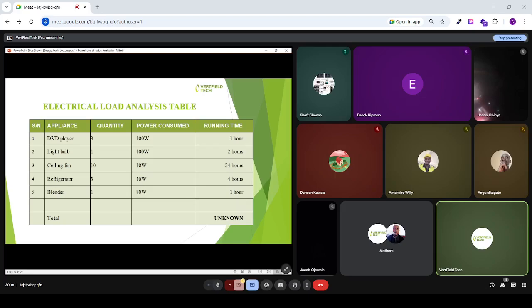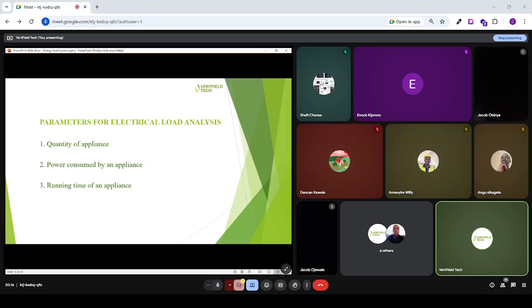And three, the running time of the appliance.